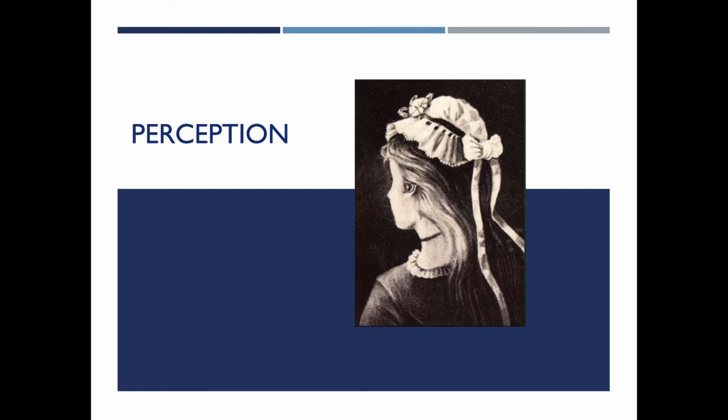Now, some students will look at this and immediately see an old woman. Others will look at this picture and immediately see a young woman. Some people will easily be able to see both, and others will say, I don't see how you could possibly say there is an old or a young woman in this picture, when there is in fact both.